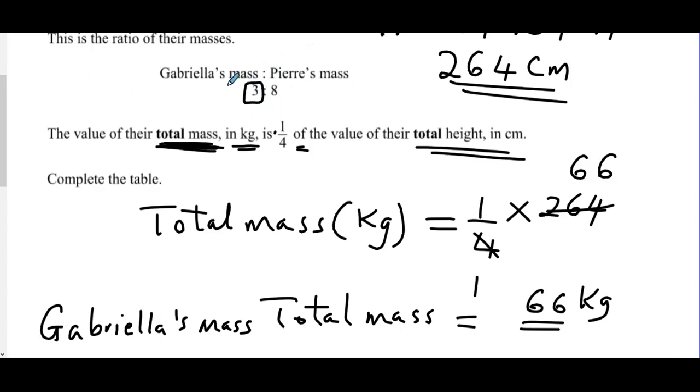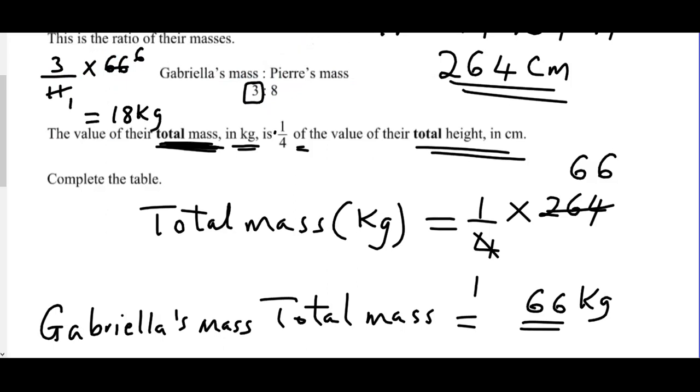So Gabriela's mass is 3 out of 11 times the total mass, which is 66. When you simplify this by 11, you get 6, and this will be 3 times 6. Gabriela's mass will be 18 kg.